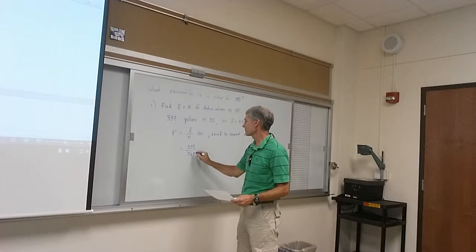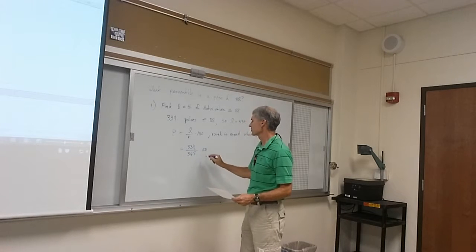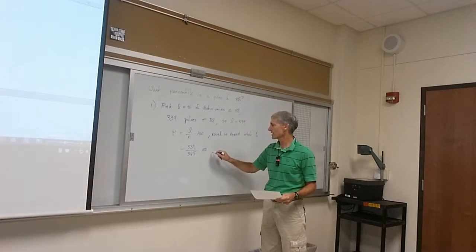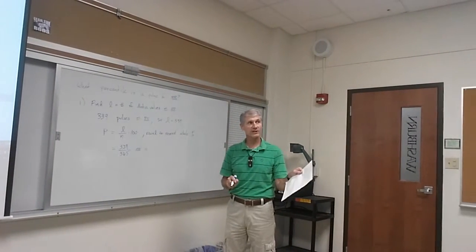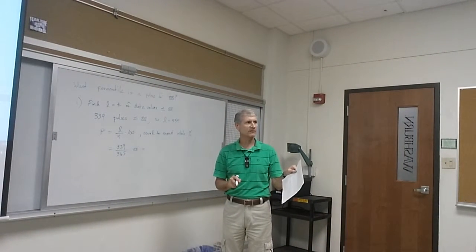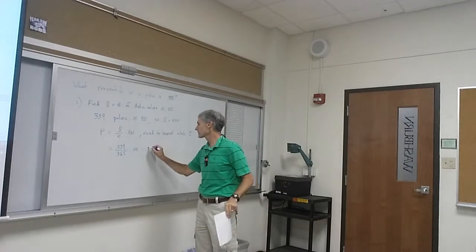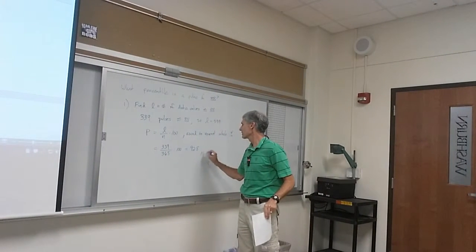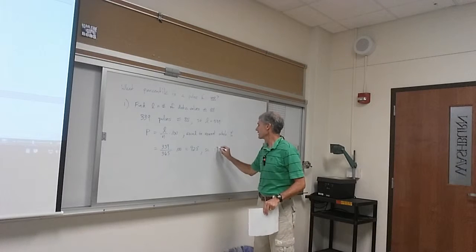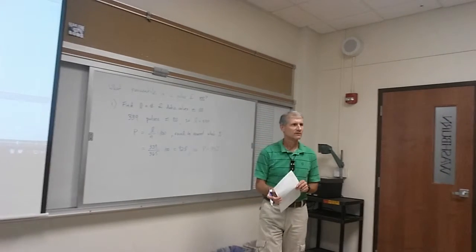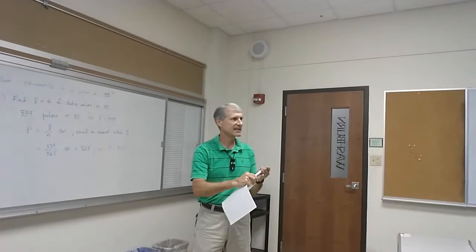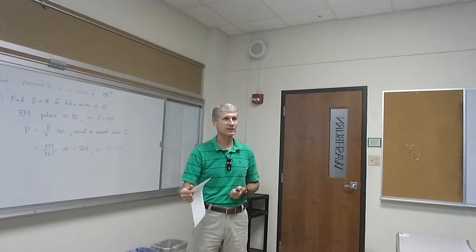N is 365. Multiply by 100 and tell me what you get. Before rounding, you had 92.8. So P is 93%. So 88 is the 93rd percentile.